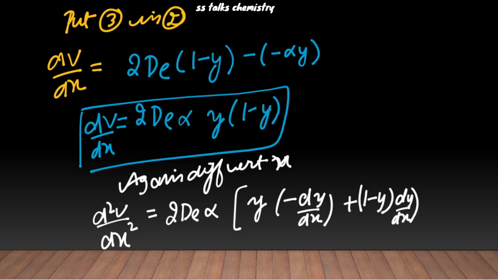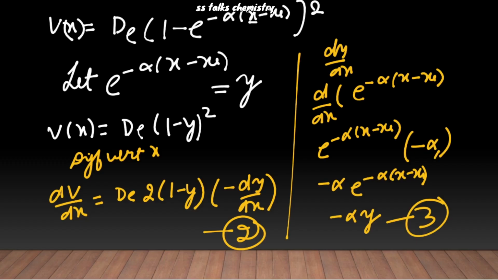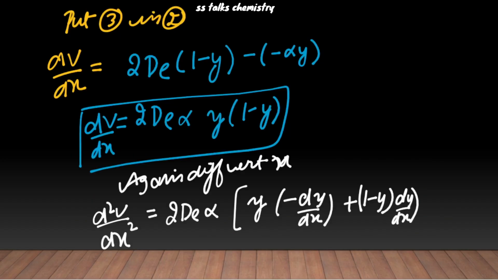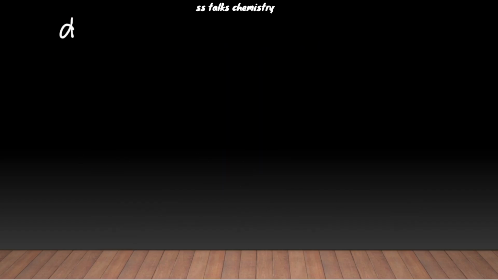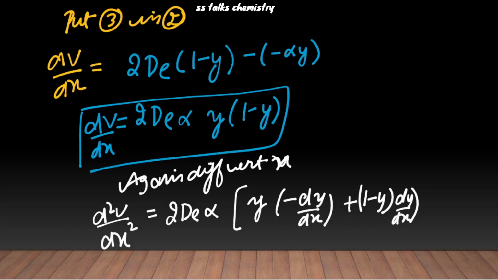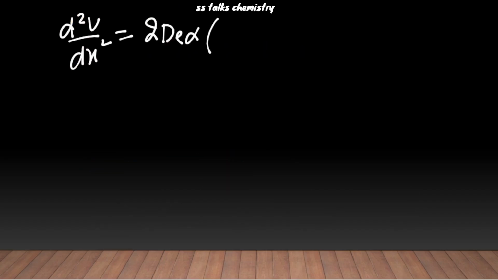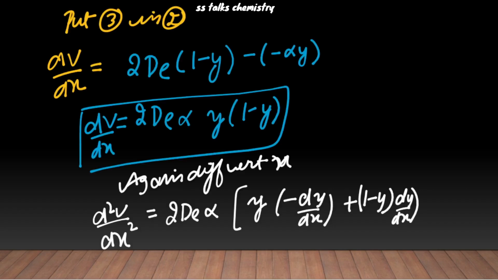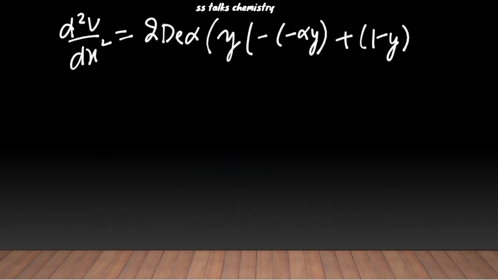Right, now dy by the dx value you have found it, minus of the alpha times the y. This again you can substitute in this. Okay, so my d square v by the d of the x square 2dE into the alpha into the, now y into the minus of alpha times the y, which is dy by the dx, plus of the 1 minus of the y into the dy by the dx, which is your minus of the alpha times the y of it.